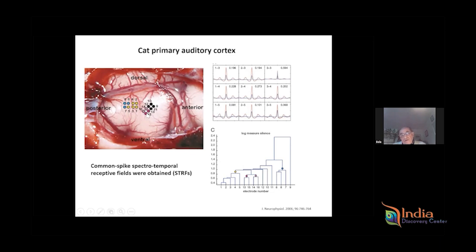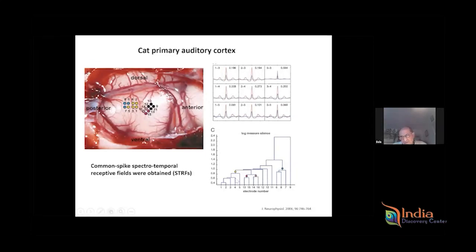And they also discovered that there are some electrodes synchronizing the activity, and they found 4 different clusters during the different sound stimuli.